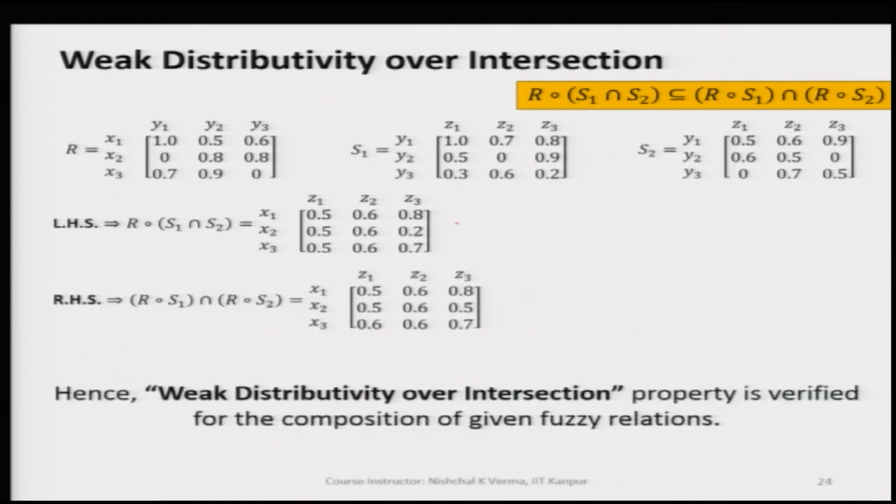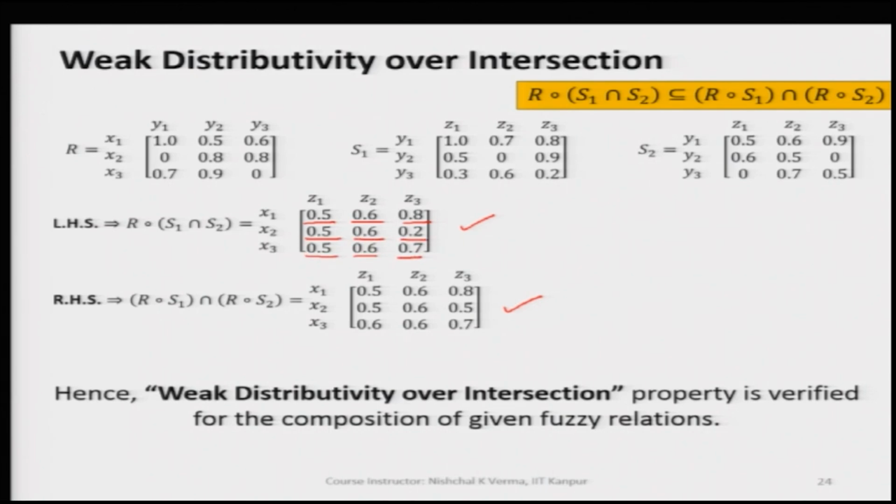So, this way we have here the LHS and RHS. Now, if we see LHS and RHS both, we see that both of these fuzzy relation matrices are not the same. We can clearly see that the LHS, which is the composition of R and the intersection of S1 and S2, has the elements 0.5, 0.6, 0.8, 0.5, 0.6, 0.2, 0.5, 0.6, 0.7.